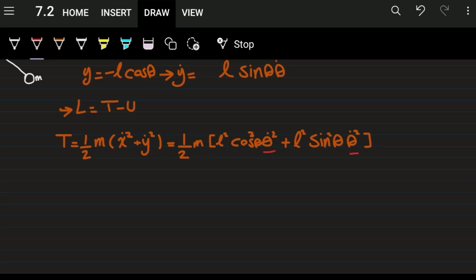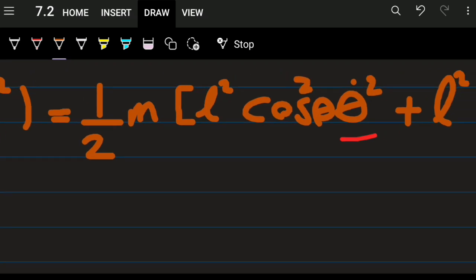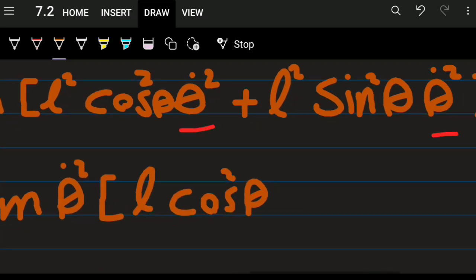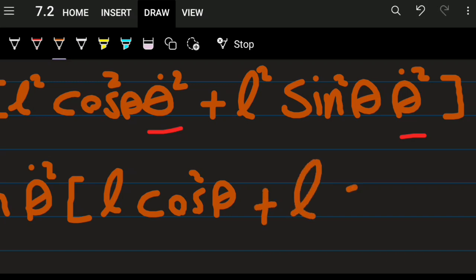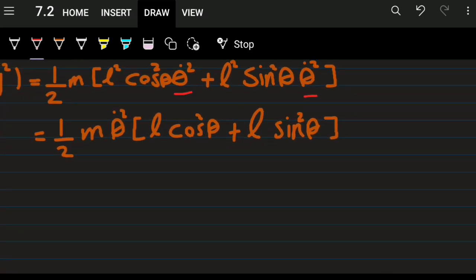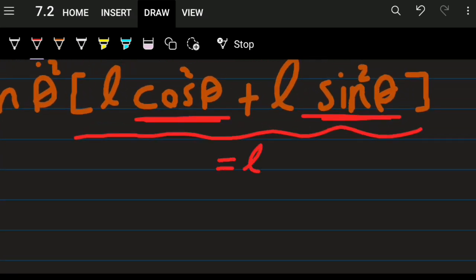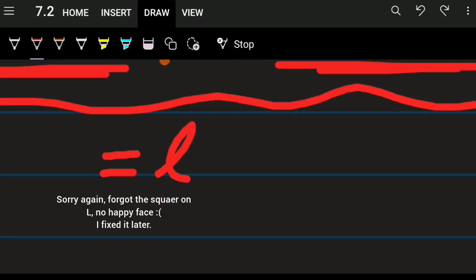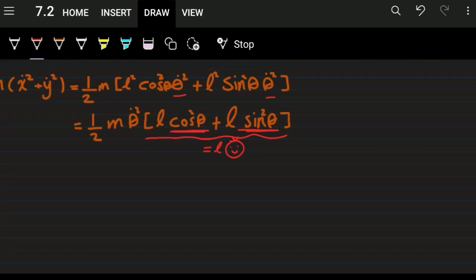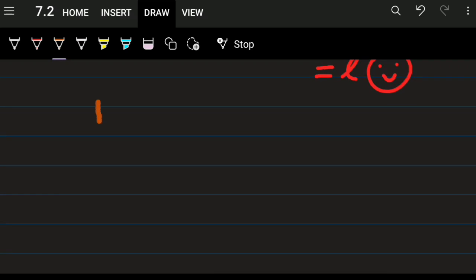Factor out theta dot squared. We're left with L squared sine theta squared plus L squared cosine theta squared, which is simply L squared. And so T is half m theta dot squared L squared.